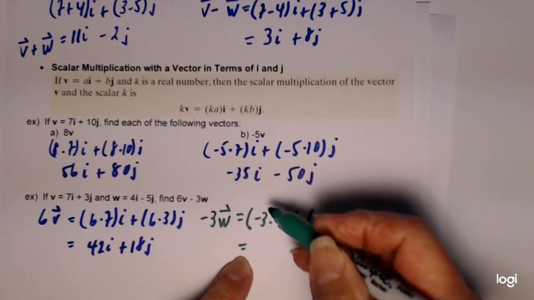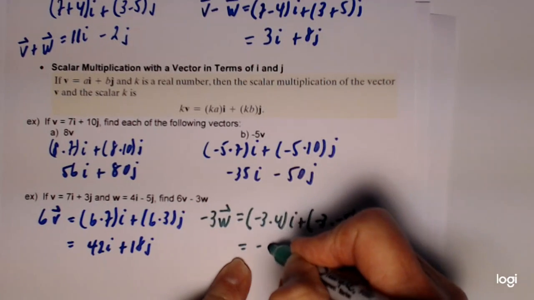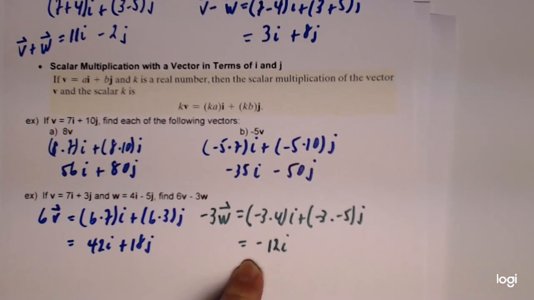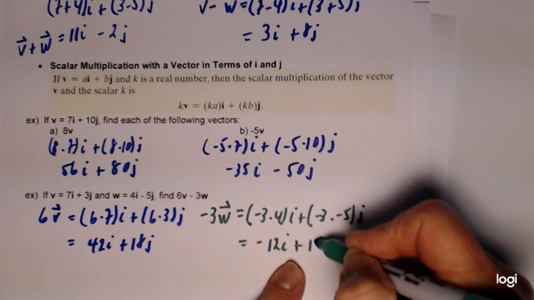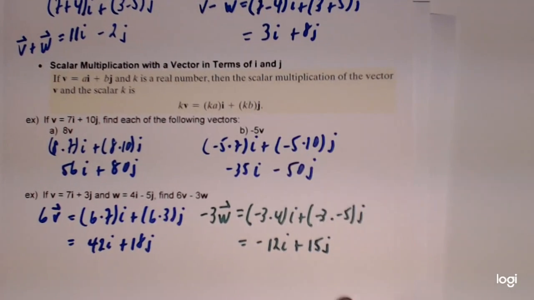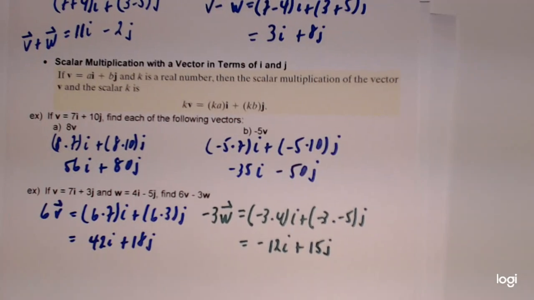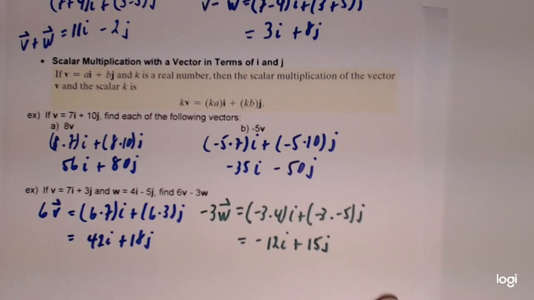Doing this multiplication, -3 times 4, we have -12i, and -3 times -5, we have 15j. So we've changed the magnitude of w, and also we've changed the direction of it.